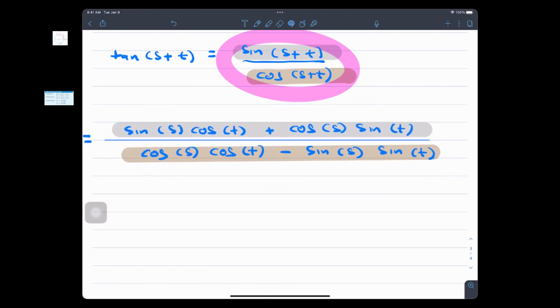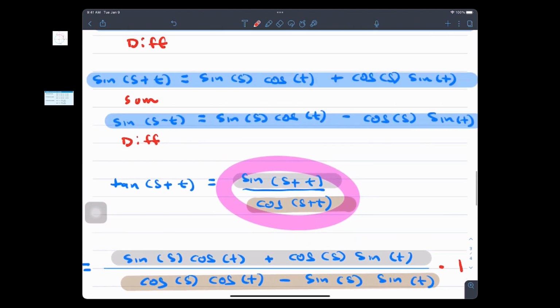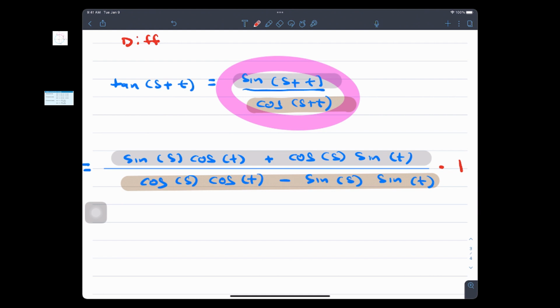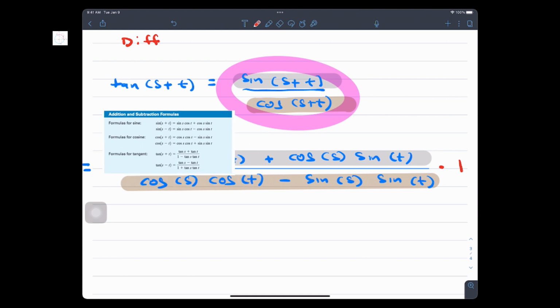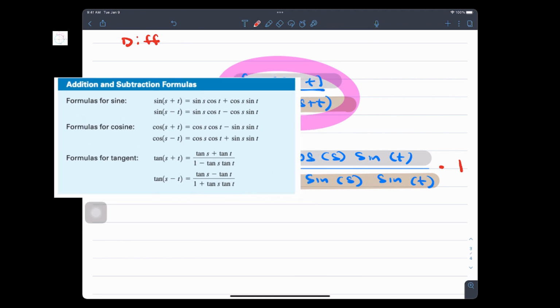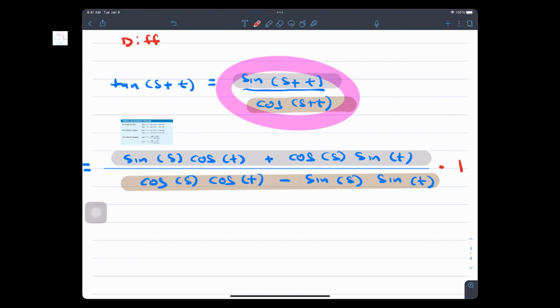I'm going to move it out of the way. Okay, I'm going to say to you guys, if I have a fraction times 1, for the denominator, yeah, cosine minus, isn't that supposed to be plus? Well, do we make a mistake? I might have made a mistake. Cosine s cosine t is supposed to be plus. You're right. Okay.